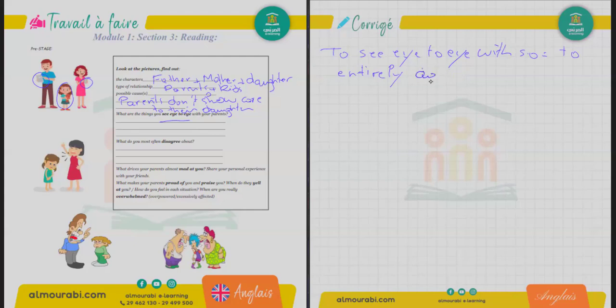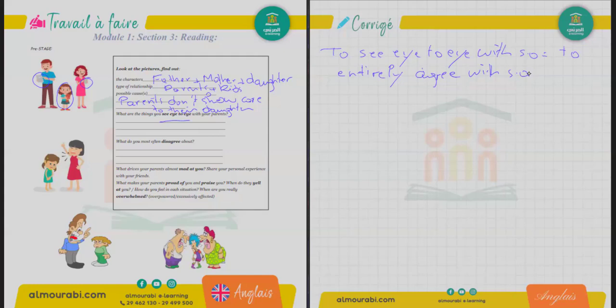So this is agree entirely with somebody. Now, let me explain again. If you see eye to eye with your parents, it means you don't have problems with your parents. You all agree about every single issue with your parents, okay?